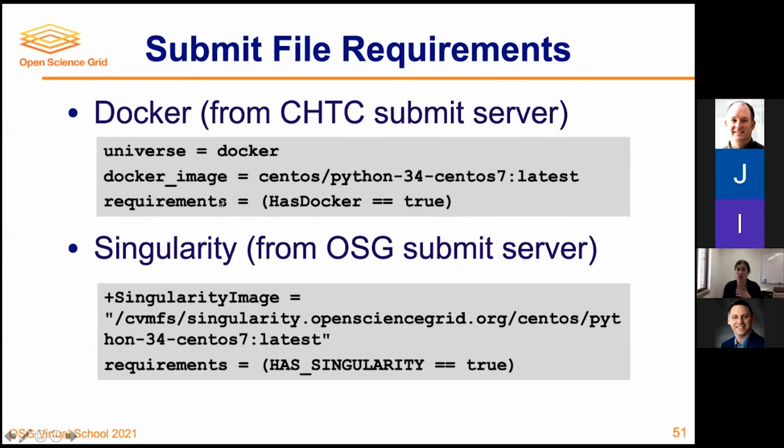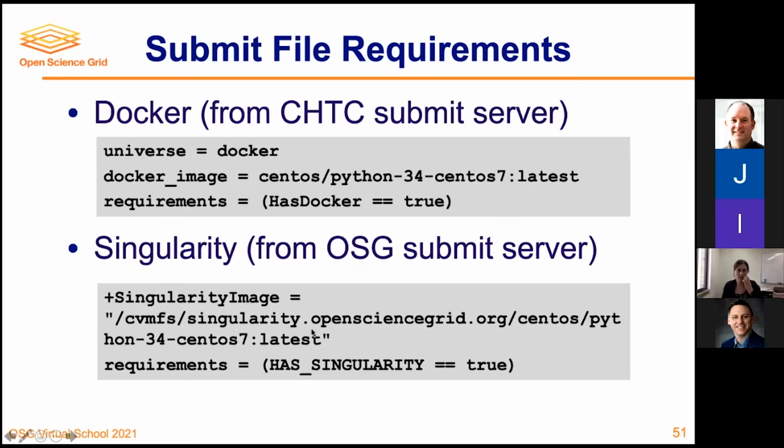So at the Center for High Throughput Computing, we run Docker images directly using the Docker engine. On the OSG, we use Singularity images using the Singularity engine. But hopefully you can see the parallels here. For both, you provide the name of the image. A lot of Docker images are shared on a public repository called Docker Hub.